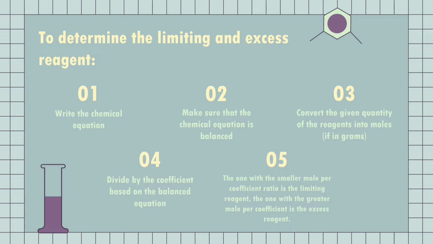The one with the smaller mole per coefficient ratio will be the limiting reagent, whereas the one with the larger mole per coefficient ratio will be the excess reagent. Now, for you to better understand this step-by-step procedure, let us try and employ it to solve the following stoichiometric problems.